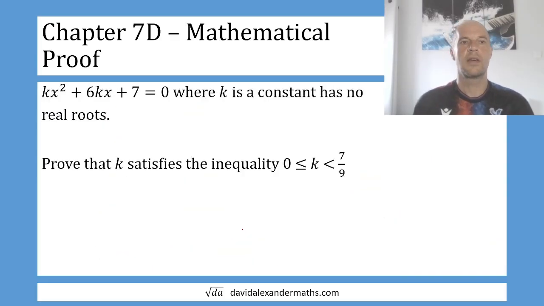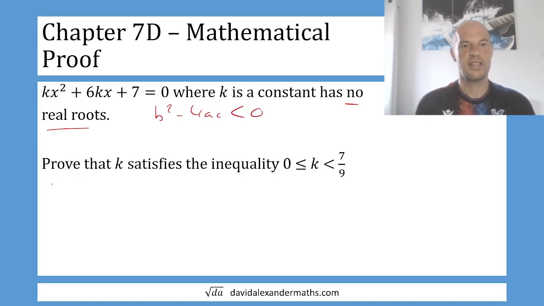There we go. Okay, here's another example. kx squared plus 6kx plus 7 equals 0, where k is a constant, has no real roots. Here I'm thinking the discriminant because it's talking about roots. If it has no real roots, then b squared minus 4ac must be less than 0.